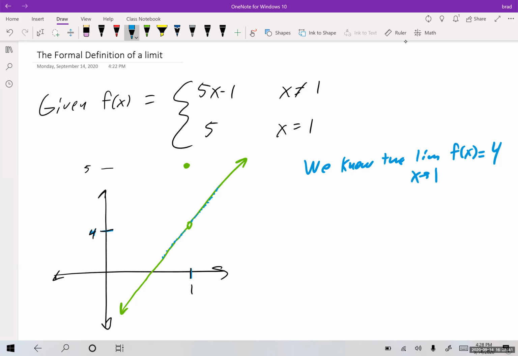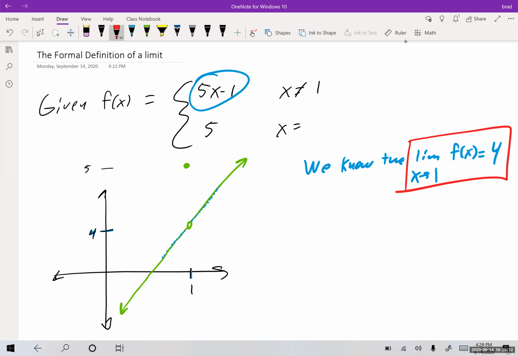So which one of these would I use as I get close to 1 but don't touch? Well, that would be this one, right? So I would do 5 times 1, which is 5, minus 1, which is 4. So what we're saying is we already know the limit, okay? But how close do I have to get to 1 to stay within a certain closeness to 4? And again, the answers you always hear is infinitely close and so on. So we kind of want to expand on that, okay?